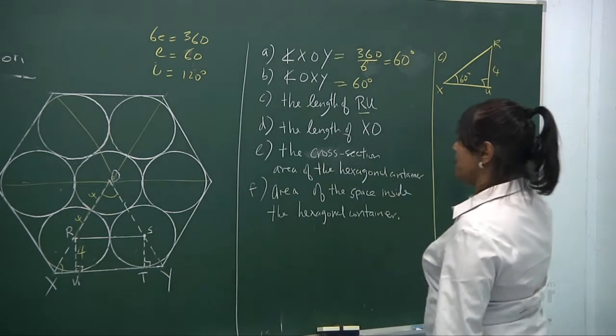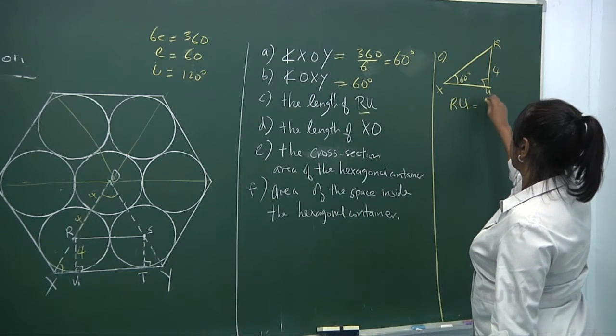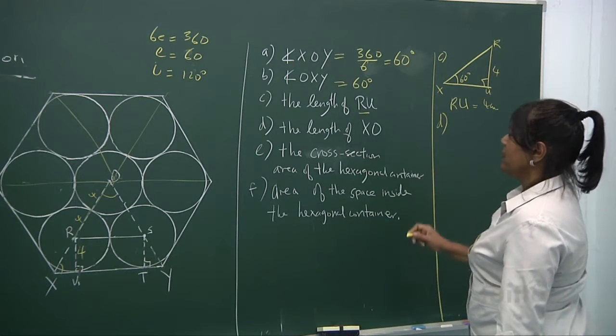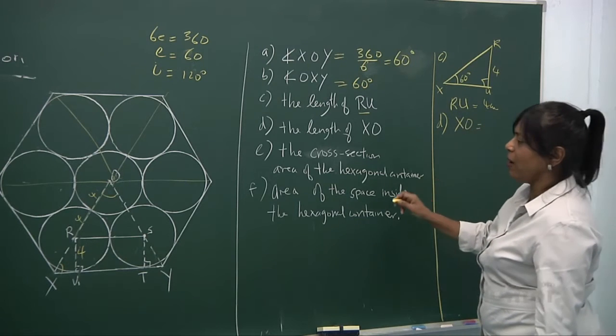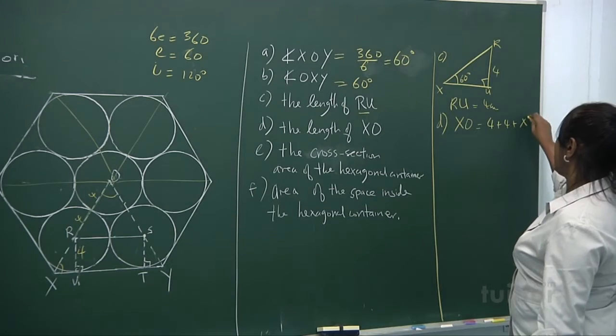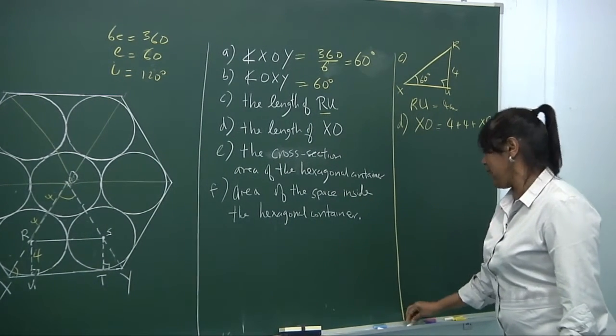So let's look at this again. Okay, radius perpendicular to tangent. Now to find the length of XO, XO is made of 4 plus 4 plus XR. XR. Let's look at this again. How do you get XR?